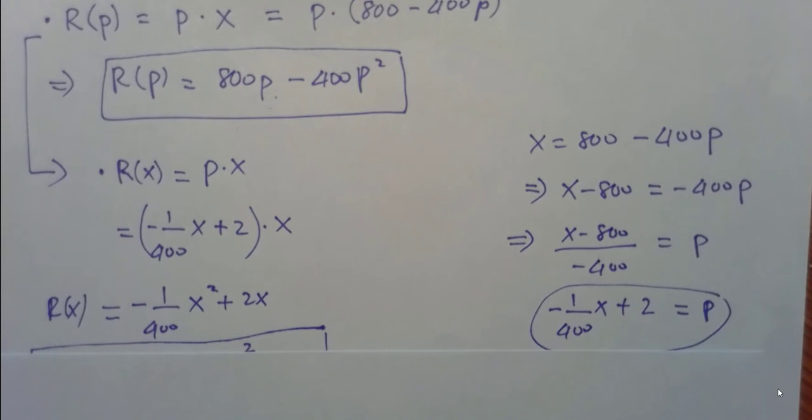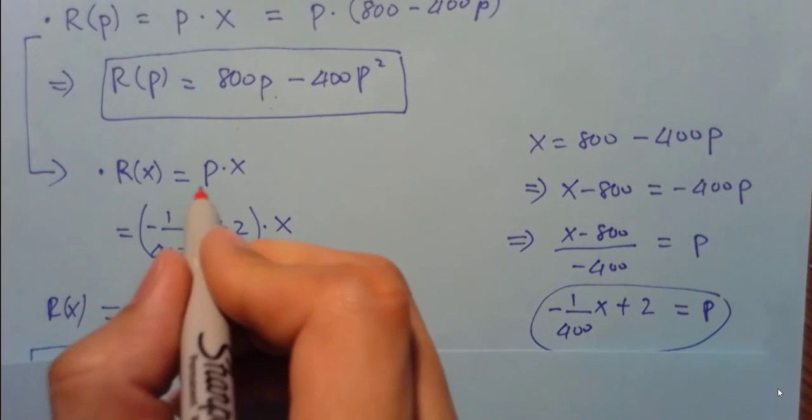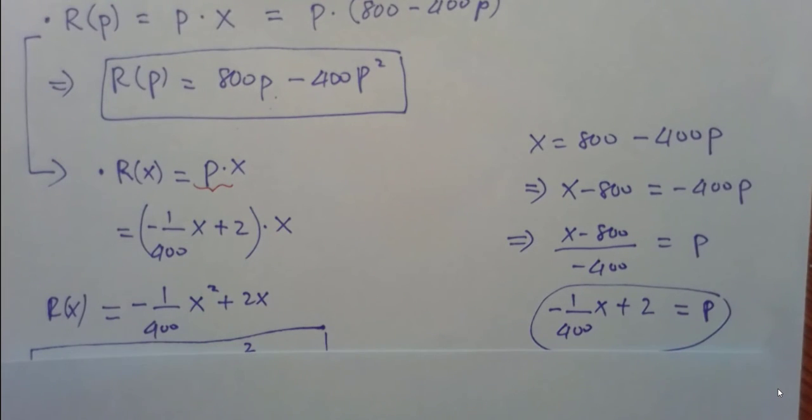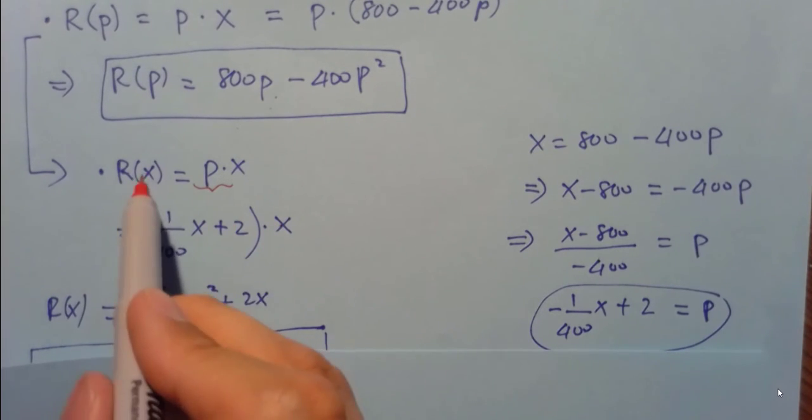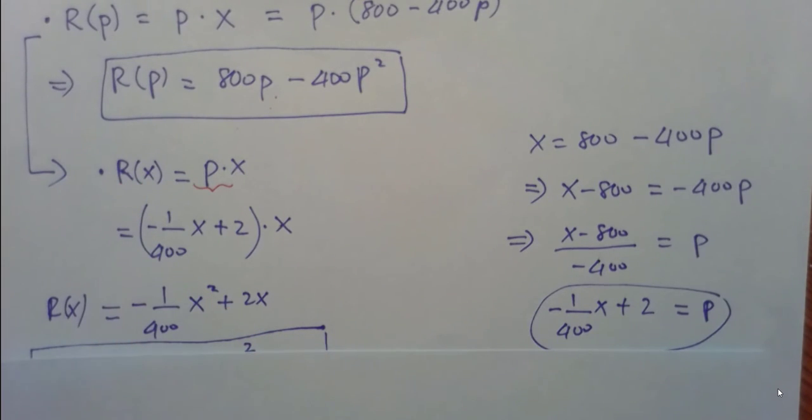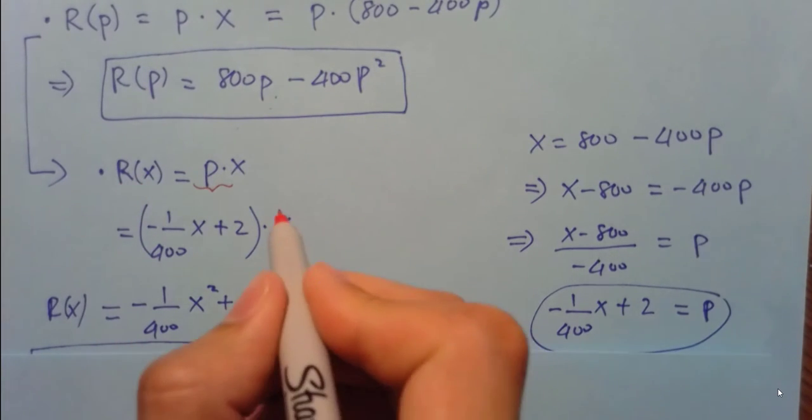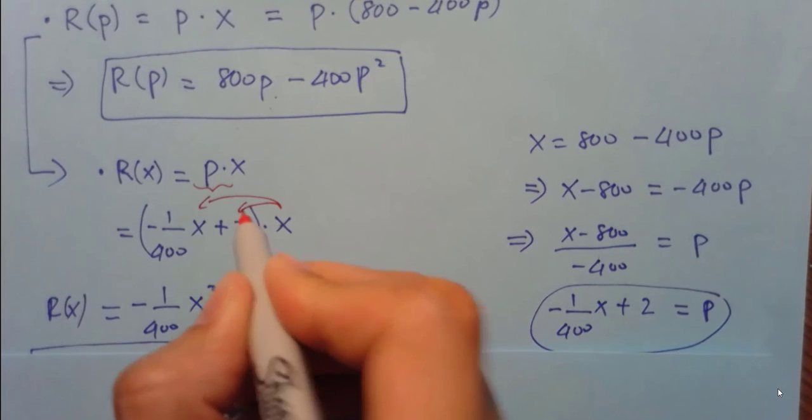And the reason I need that is because now for the P I can use this expression, minus 1 over 400 x plus 2, go to here for P and multiply with x, because now everything is in terms of x. You don't see any more P, which is what we want for this expression. And then all you do now is make the distribution to simplify everything.